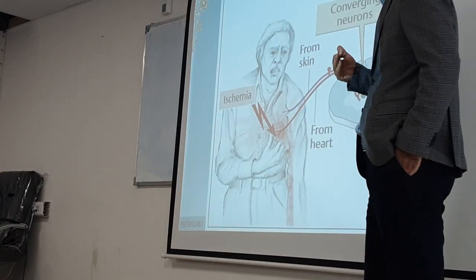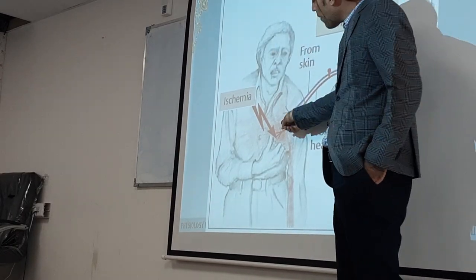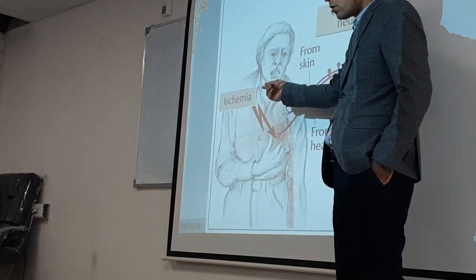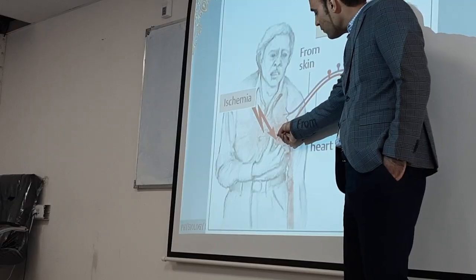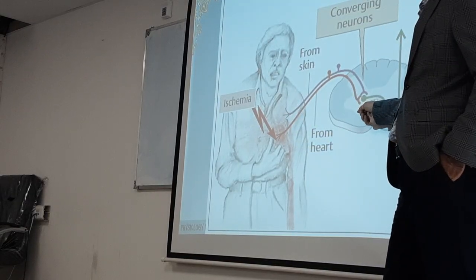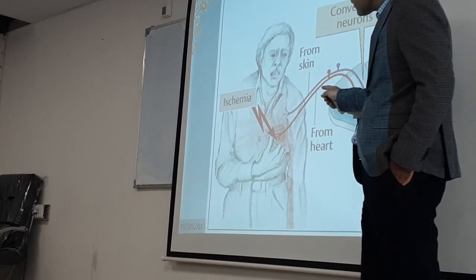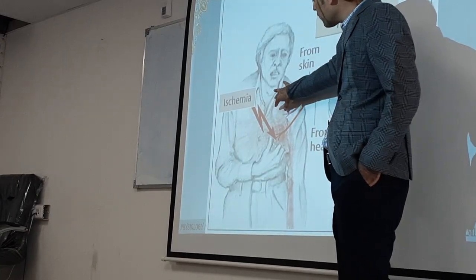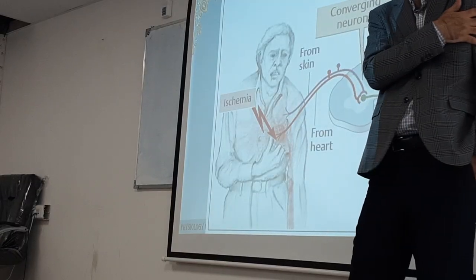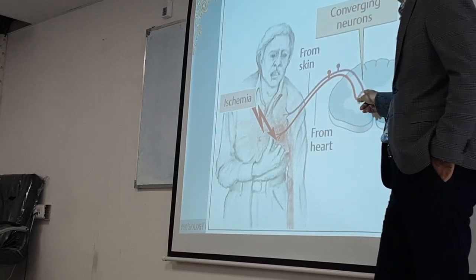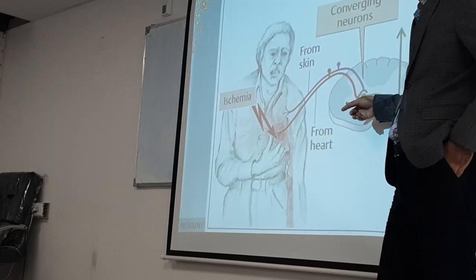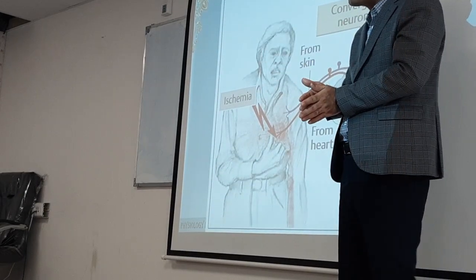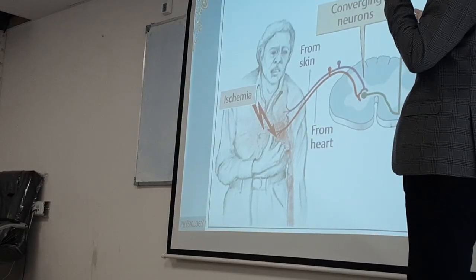And what is the reason? When this person has a heart disease, heart problem, ischemia, MI, myocardial infarction, or angina, these fibers come to the spinal cord from the heart. At the same time, we have some nerve fibers, nociceptors, coming from the shoulder and arm. They come to the same site in the spinal cord, and therefore they are converging on the same route. The brain will see this pathway.